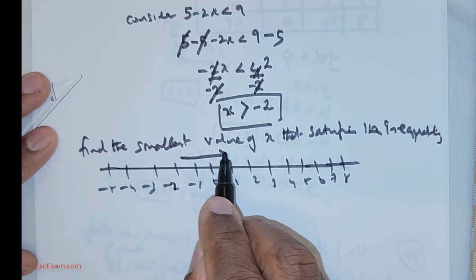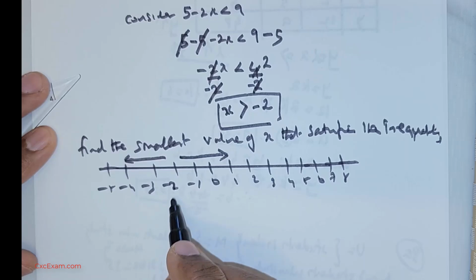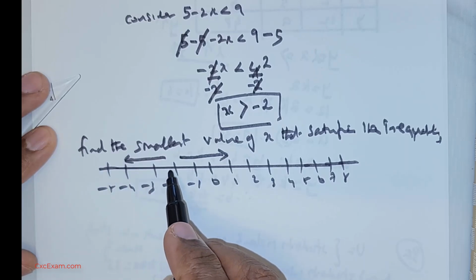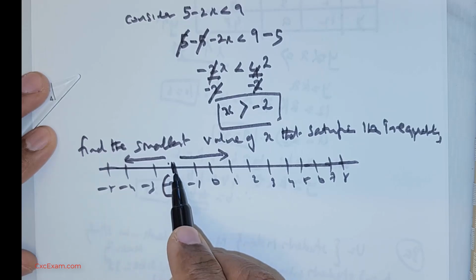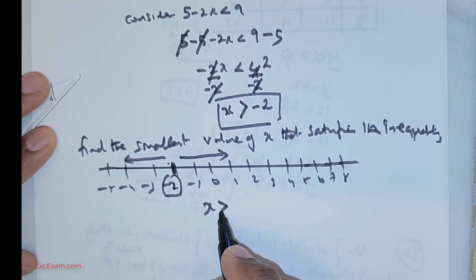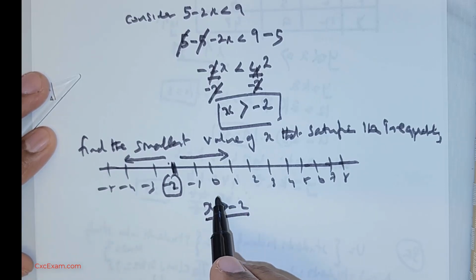Now towards the right-hand side x is increasing, towards the left-hand side x is decreasing. So we are at this particular point. x is greater than negative 2. Now we are asked to find the smallest integer.